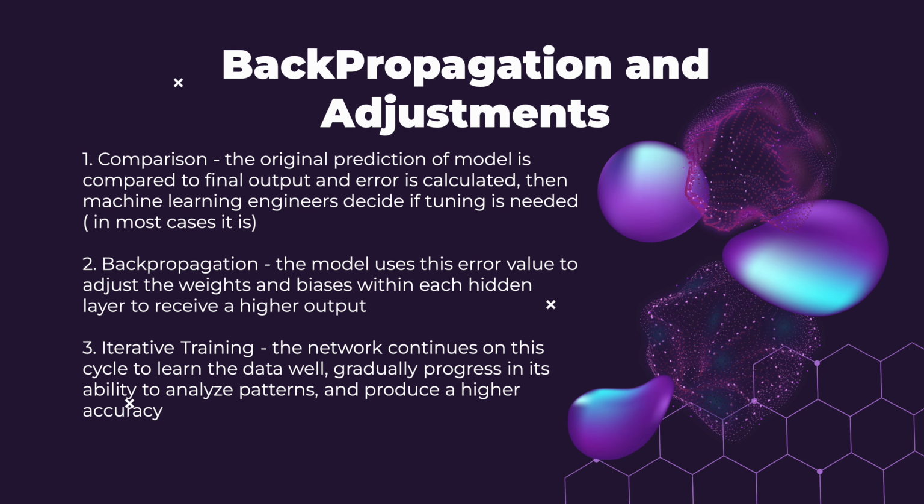And then iterative training. The network continues on this cycle to learn the data well, gradually progress in its ability to analyze patterns and produce a higher accuracy. So it just keeps going on and on. It's definitely a process. It's definitely something that's going to take time, but that is okay, because making your model better is all you want.